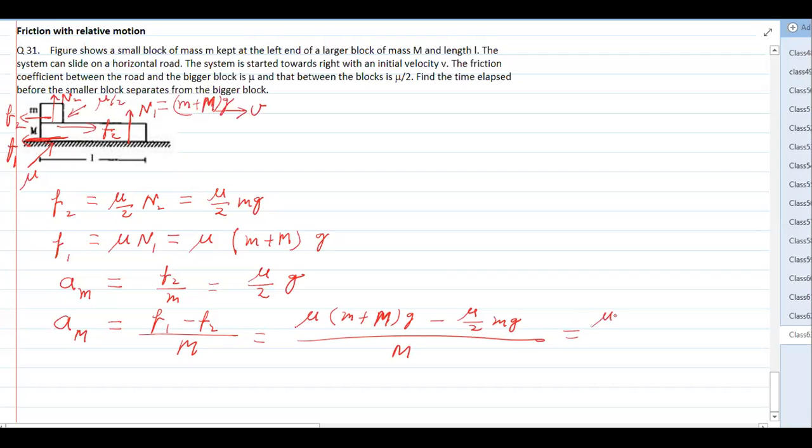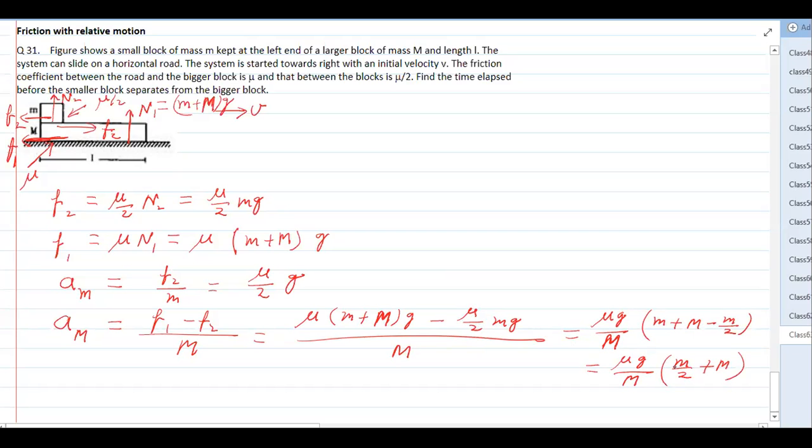So mu g divided by M, and it will be small m plus capital M minus m by 2. It will be mu g by capital M times m by 2 plus capital M. Okay, so in this way we can write.